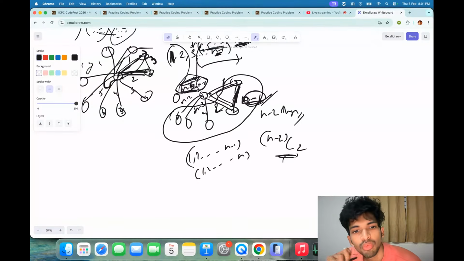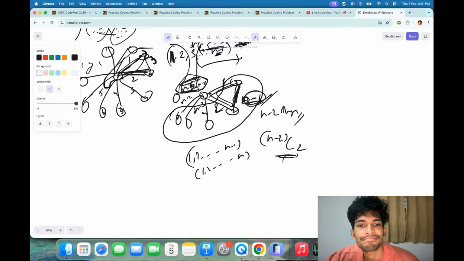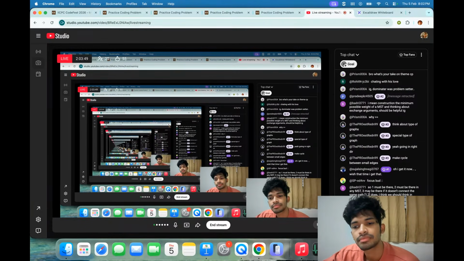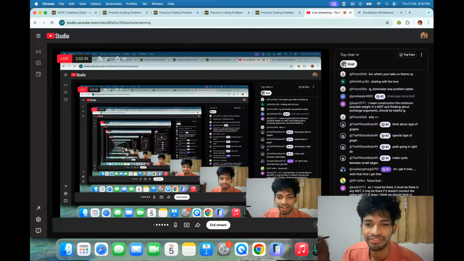And after this, how will you increase things? I mean, if you run some algorithm that starts with minimum edge itself, one will always be taken, right?